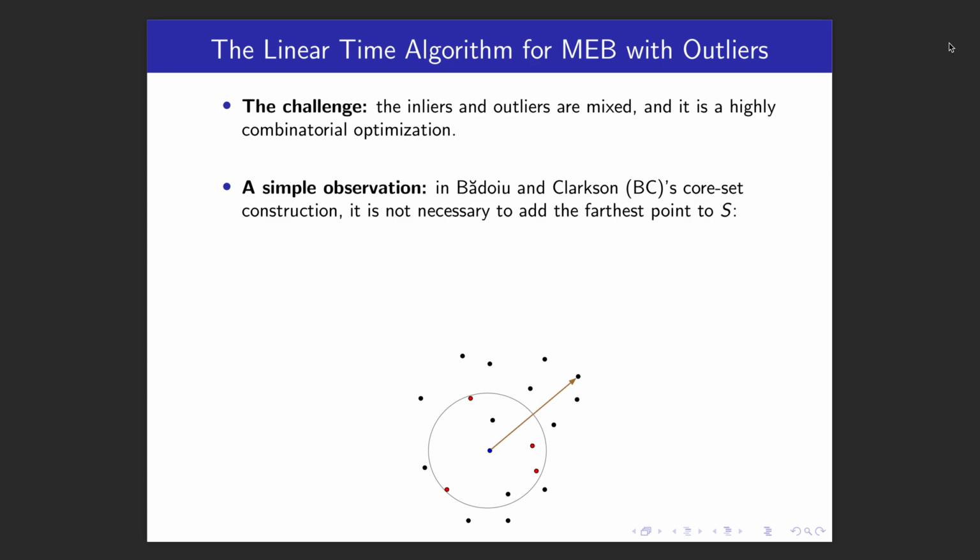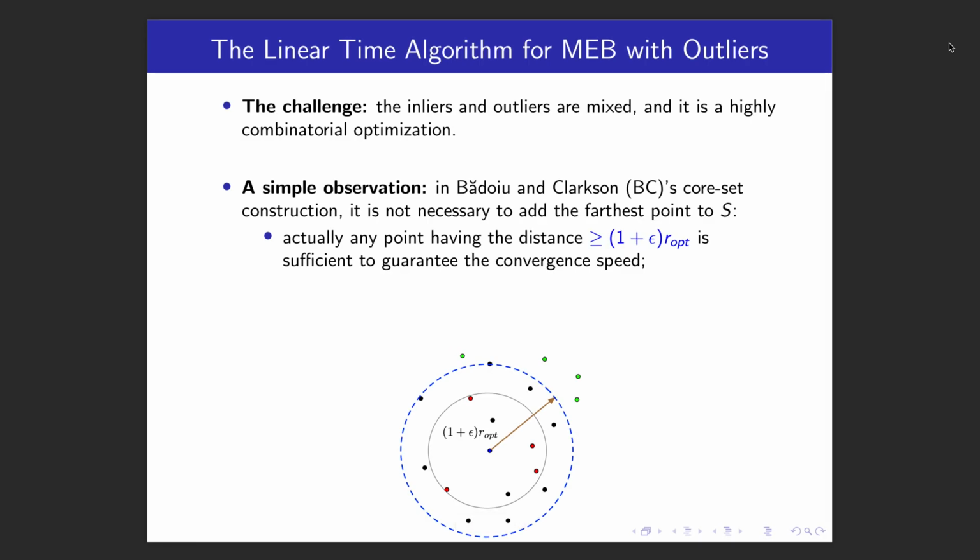In the coreset construction, we always select the point which is the furthest to the current center o_i, and we add this point to the coreset. But actually, this is not necessary. We just need to find a point which has a distance larger than this threshold, 1 plus epsilon times r_opt.